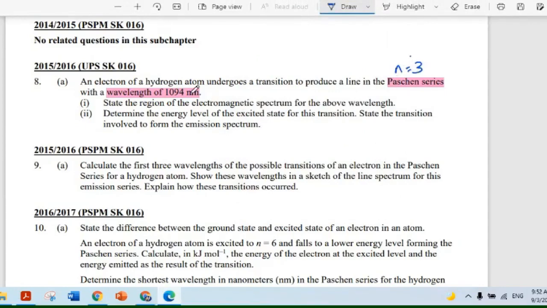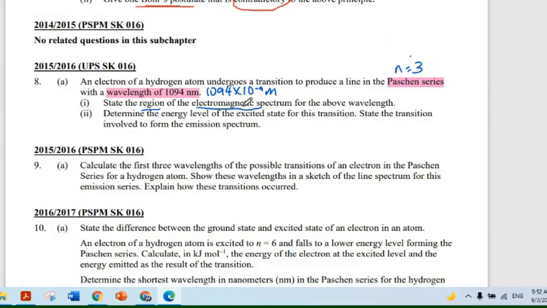Okay, yang ini kita buat apa? Tukar dalam meter. Jadi 10 kuasa -9. Soalan pertama dia suruh state region. So region dia infrared. Okay, very good, infrared kerana dia ialah Paschen series infrared.